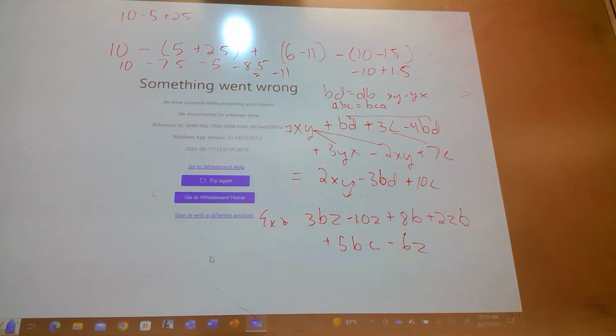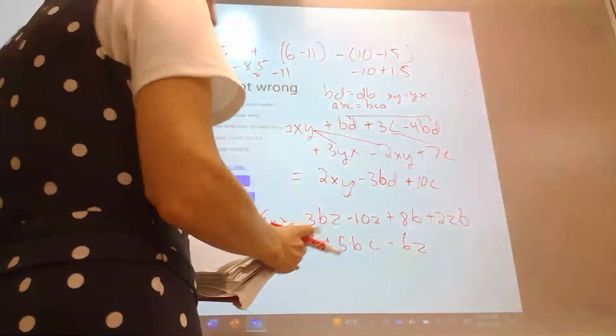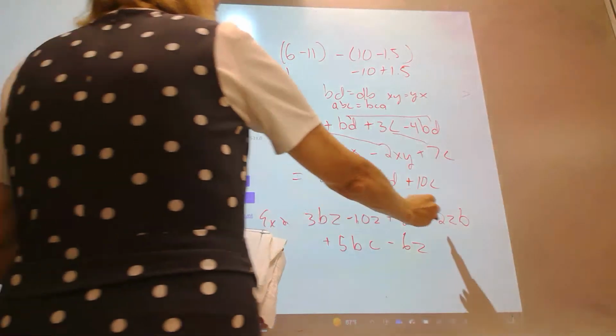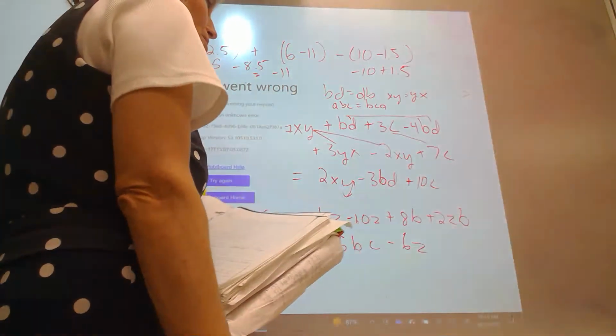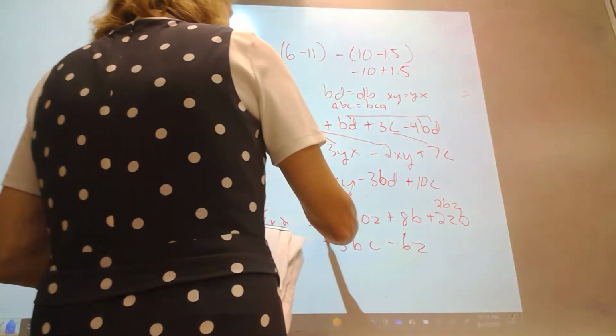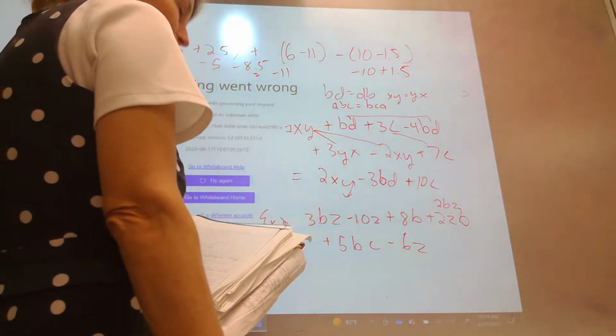You can combine those. So we have 3BZ and 2ZB. We can combine those because 2ZB is the same thing as 2BZ. So we have 3BZ and 2BZ.